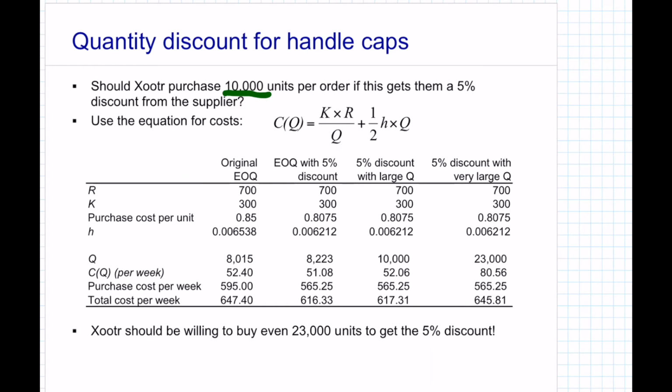And even when the Q or economic order quantity is 23,000, still the total cost per week, which is 645.81, is smaller than 647.4 for the original EOQ. This means that Scooter should be willing to buy even 23,000 units to get this 5% discount because this will be profitable.